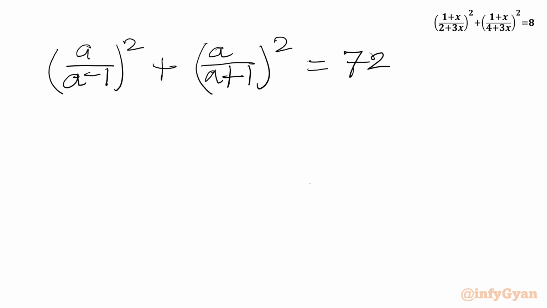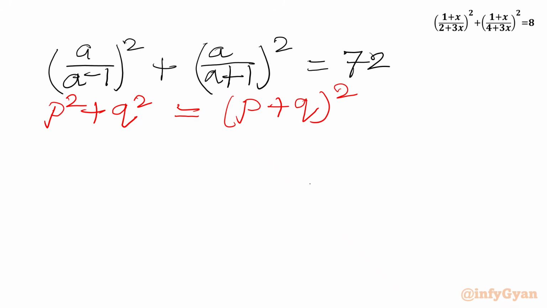Now we'll be using one algebraic formula. It is p square plus q square equal to (p plus q) whole square minus 2pq.